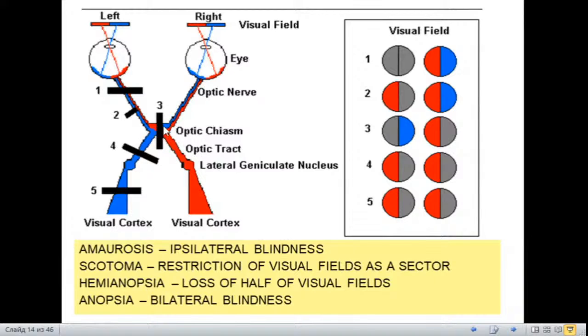And actually, damage to the central part of the optic chiasma is a very common problem in case of a benign tumor of the hypophysis cerebri called adenoma.